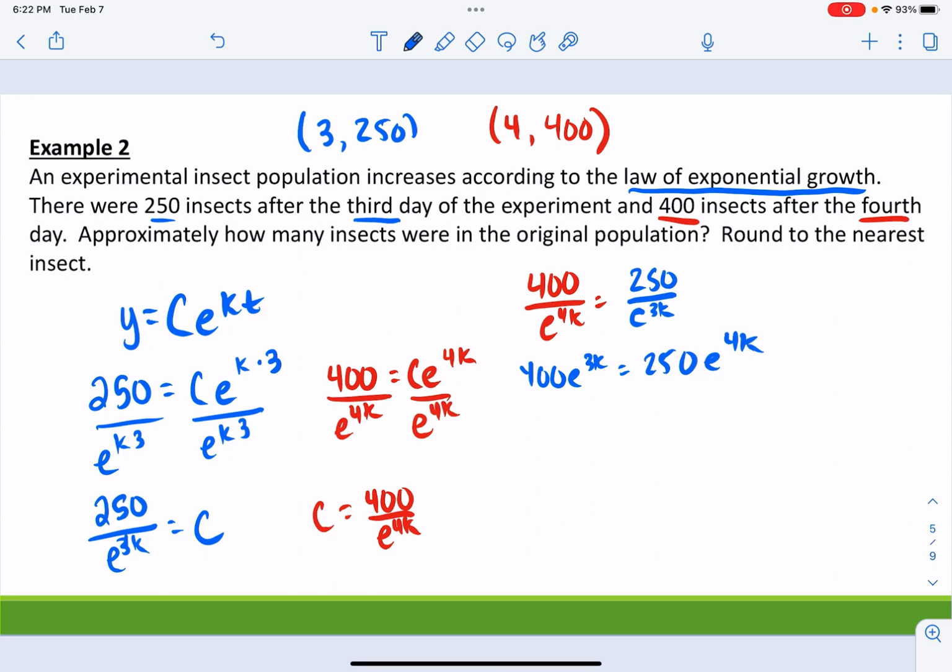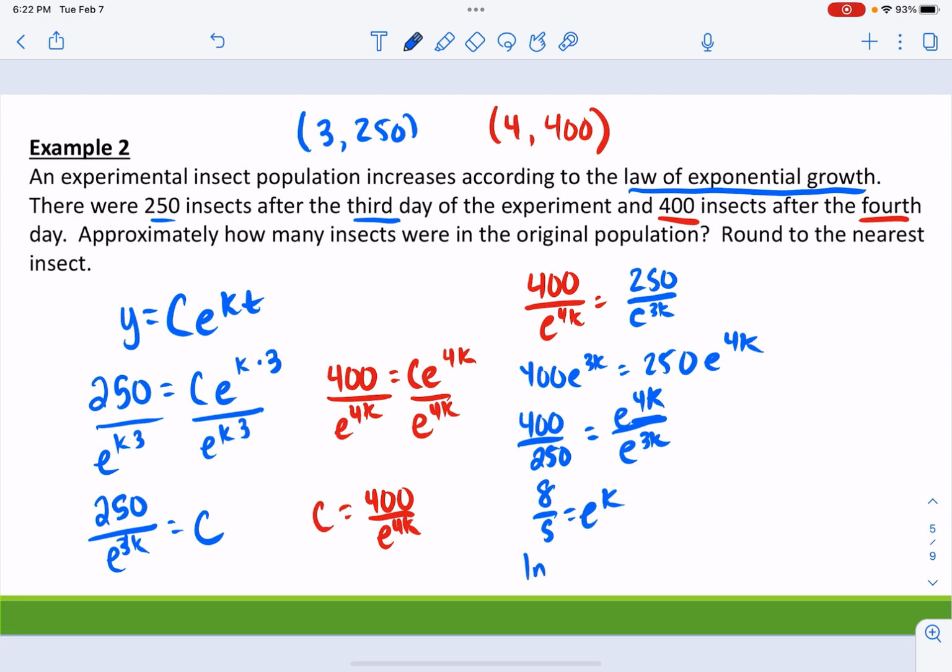And then if I divide 400 over 250, that is equal to e to the 4k over e to the 3k. 400 divided by 250 is 8/5, which equals e to the k.